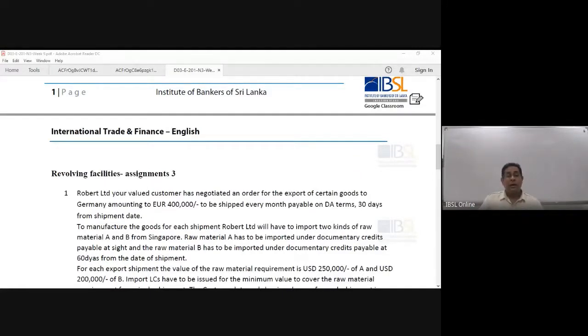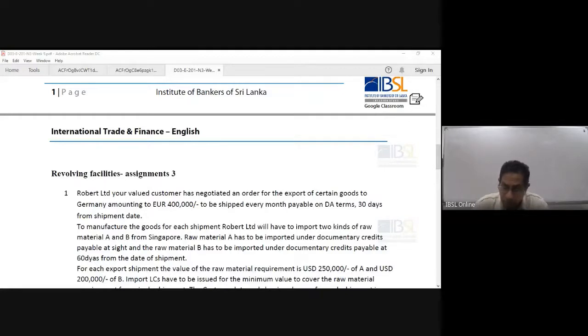Until the goods are collected, transit risk. Transit risk is on the exporter's account.